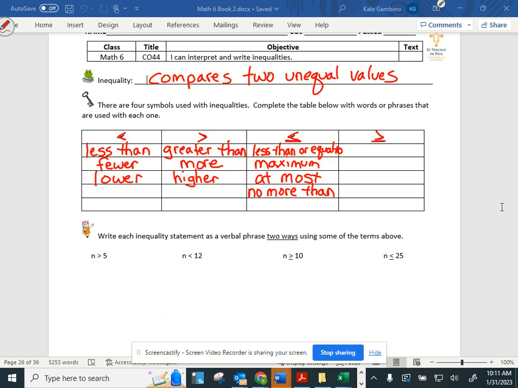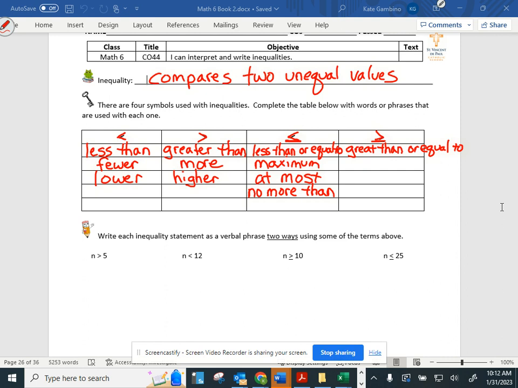This symbol over here is greater than or equal to. Words we might hear in a word problem. If this is maximum, what do you think we're going to hear over on this side?